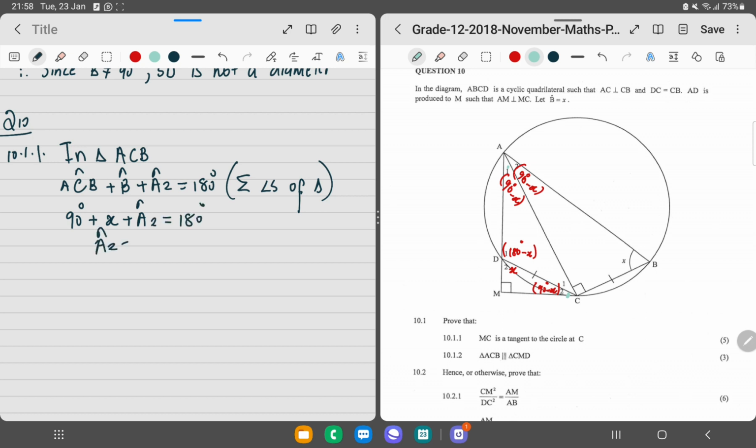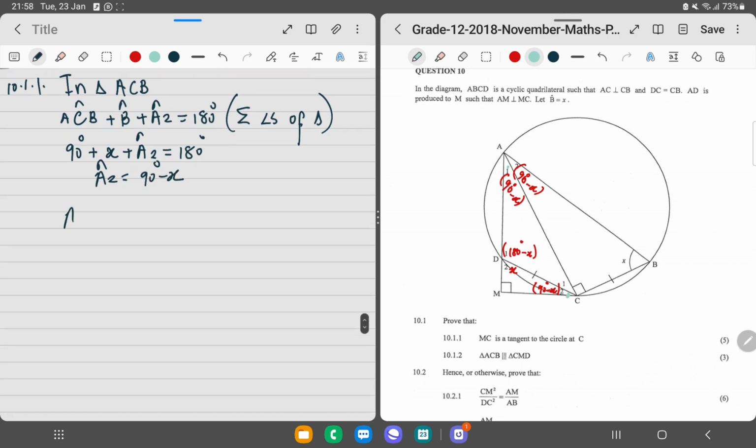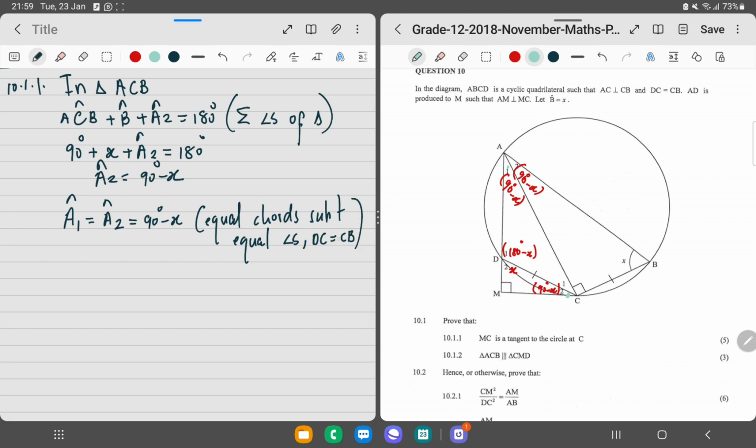So A2 is equal to 90 degrees minus X. And then we said A1 is equal to A2, 90 degrees minus X, because they are both subtended by equal chords. So we'll say equal chords subtend equal angles, and then we write the chords DC is equal to CB.